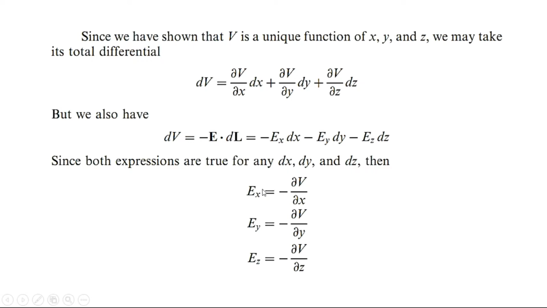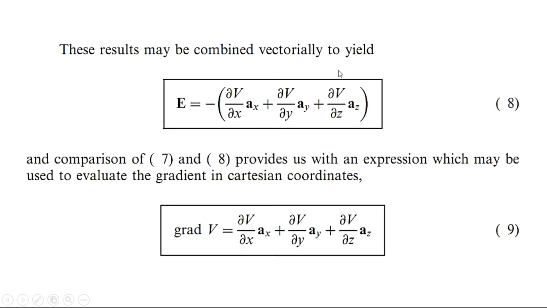So Ex will be equal to minus partial by partial x of V, Ey will be equal to minus partial by partial y of V, and similarly we have Ez. If we combine these three equations, these results may be combined vectorially to yield E is equal to minus partial V by partial x ax plus partial V by partial y ay plus partial V by partial z az. Why do we put partial x, partial y, partial z?